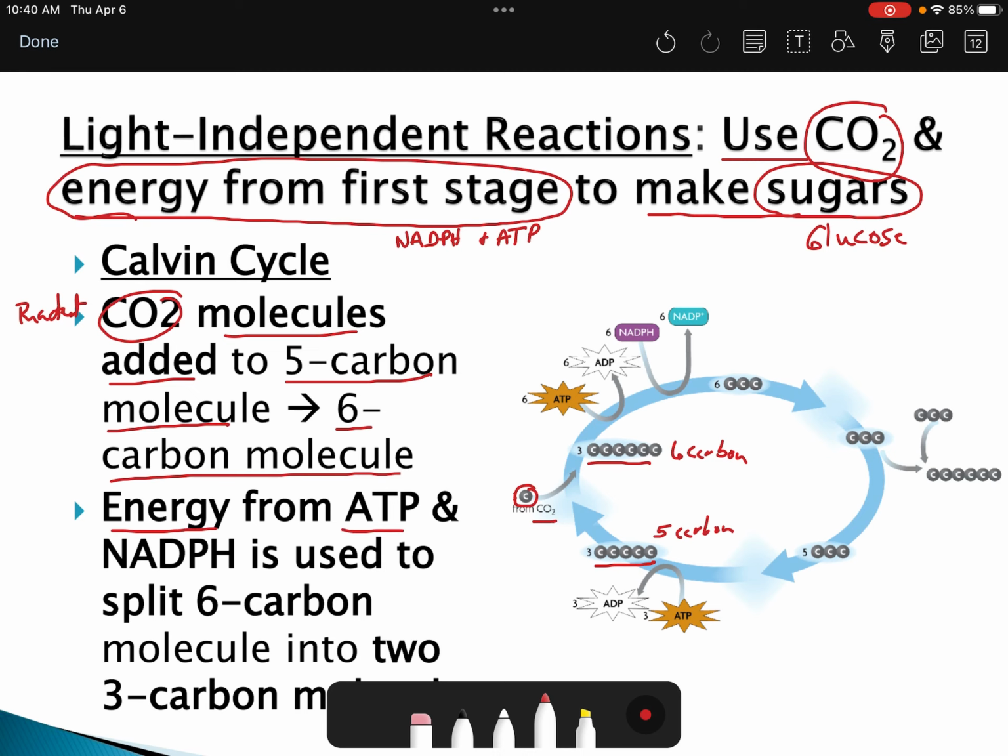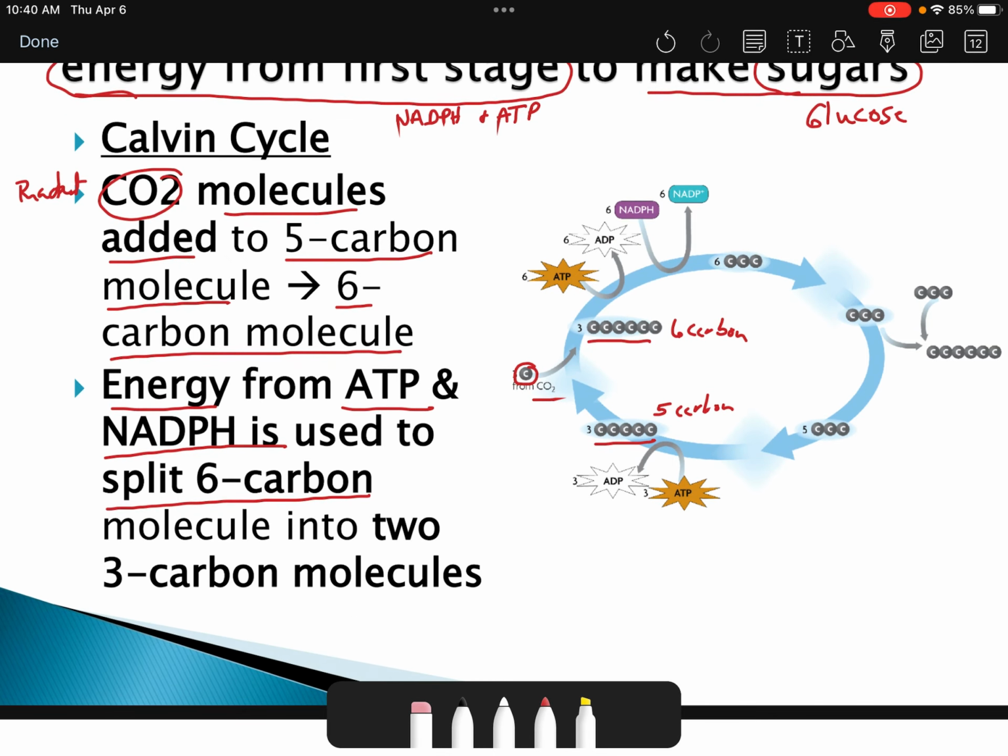Then we're going to use the energy from ATP and NADPH to split that 6-carbon molecule into 2 3-carbon molecules. So here's your 6-carbon. We're going to use some of that ATP and that NADPH, and that's going to split the 6-carbon into 2 3-carbon molecules. Okay. Once we use that energy, ATP now goes back to ADP, and the NADPH converts back to NADP+.